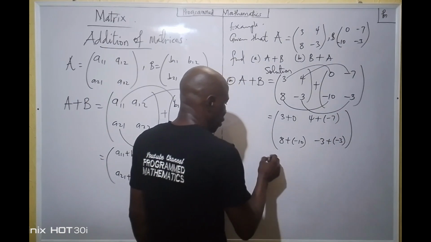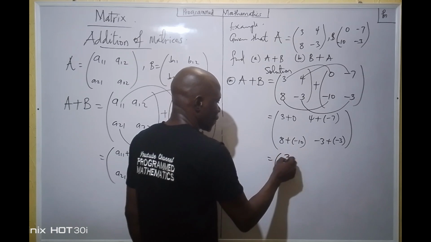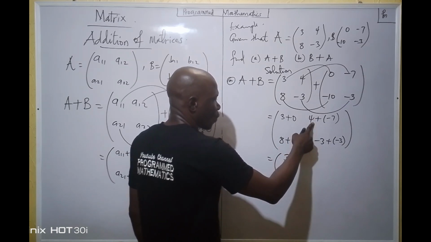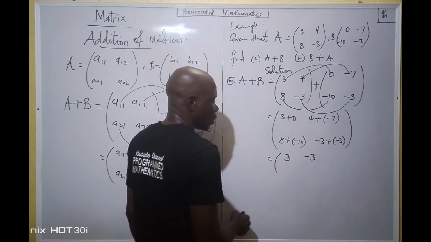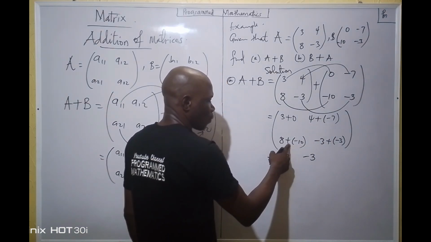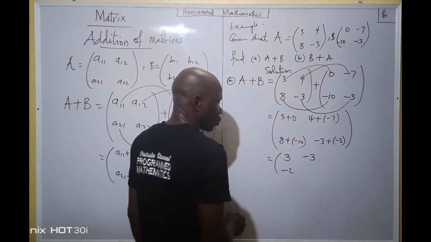Of course, if we simplify this, 3 plus 0 is 3. 4 plus minus 7 simply means 4 minus 7, that's minus 3. 8 plus minus 10, plus times minus is minus, so 8 minus 10, that's minus 2.